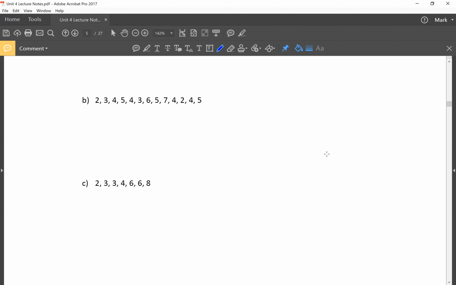So my lowest number is 2. So 2, and this is going to be really bad without my pen working. And then I have another 2. Okay, and then I have 2 3s. Now my 4s: 1, 2, 3, 4.